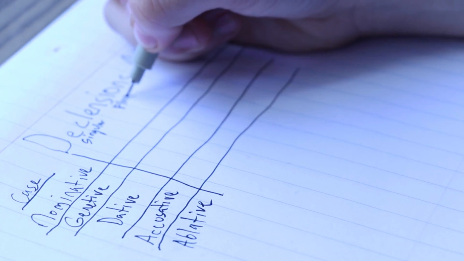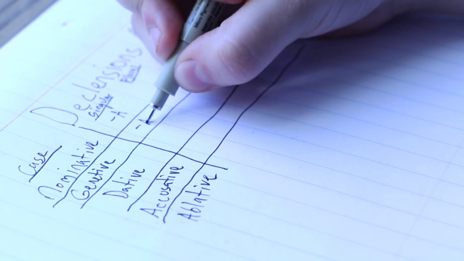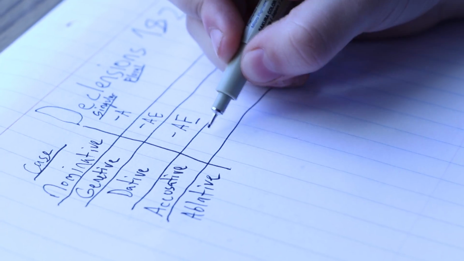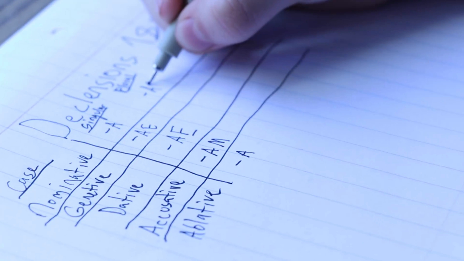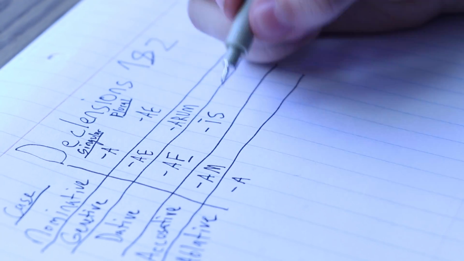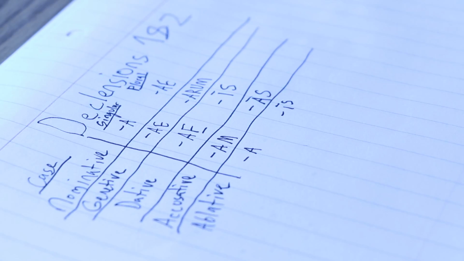Here, let me show you. Singular options for first declension are a, I, a, e, a, m, a, ae, arum, is, as, and is.